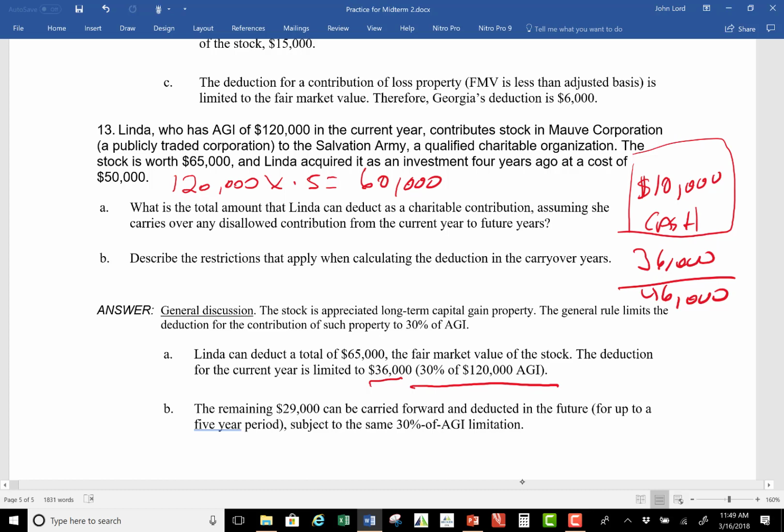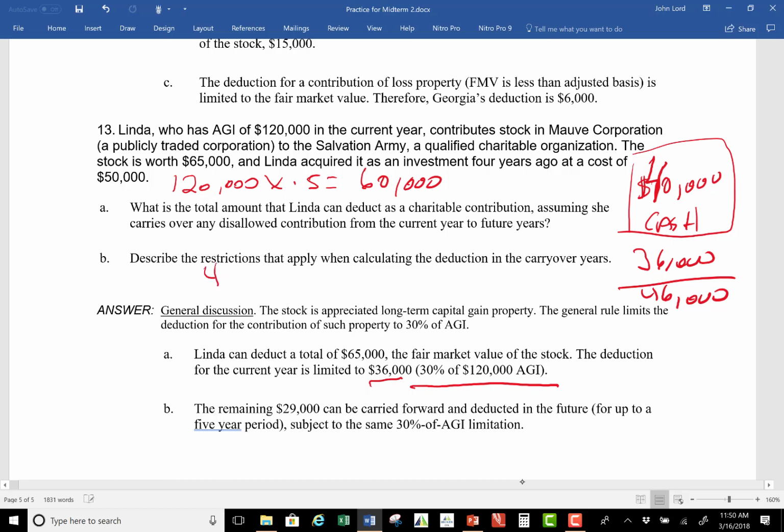What would happen, just to play jazz with this one more time, if she gave 40,000 cash? Well, first of all, I'd say she's being really, really nice to the Salvation Army, okay? But she gives them 40,000. She has a cap of 60, right? So she can give the 40.